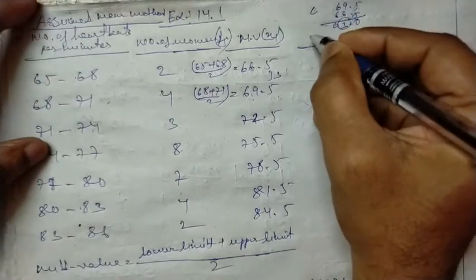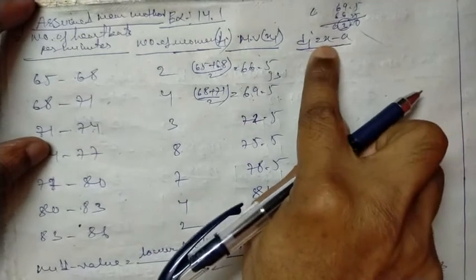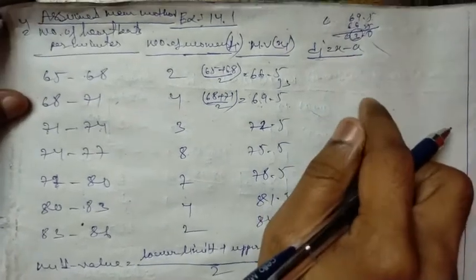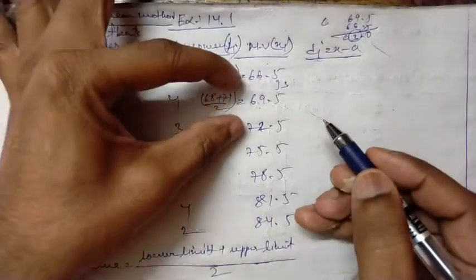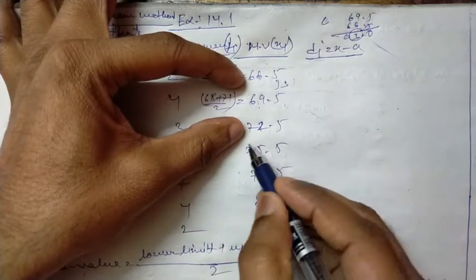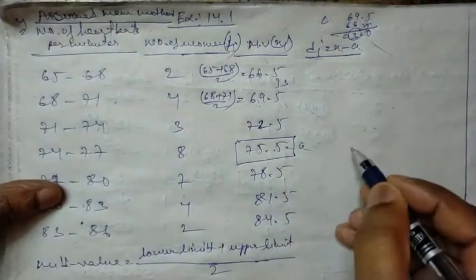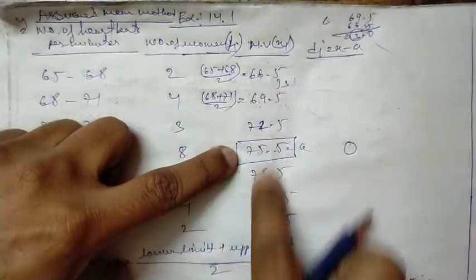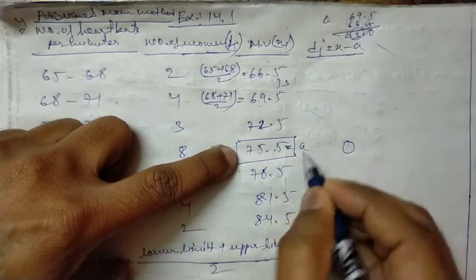We are going to do the assumed mean method, that di is equal to x minus a. Now we have to take the assumed mean from these values. You see there are three values above and three values below, so we can take the middle value as a. It will be 0 here, as this is the value of xi, and the particular number I have taken as the assumed mean is 75.5.